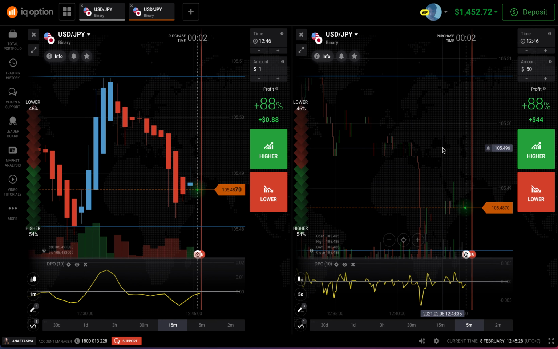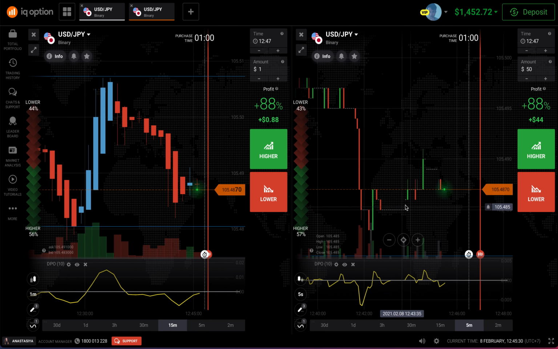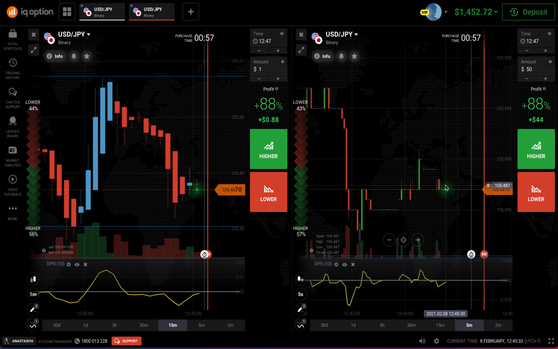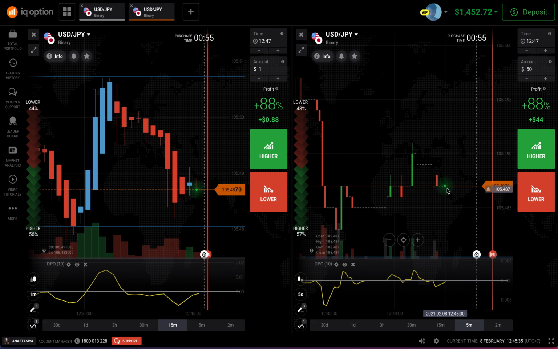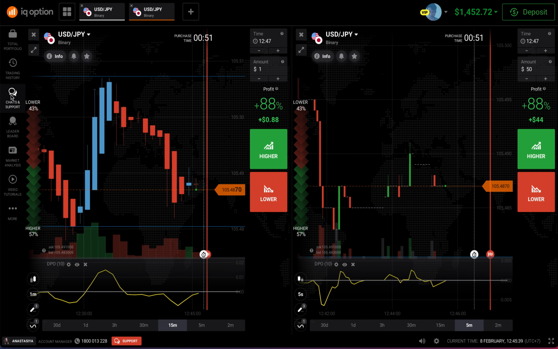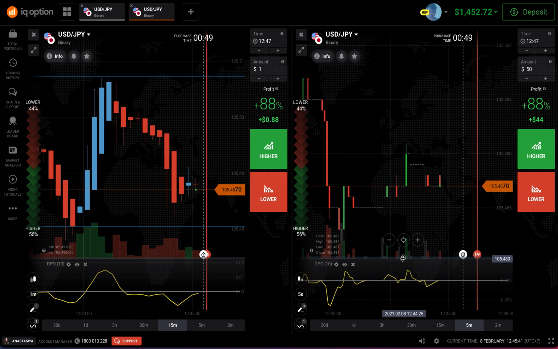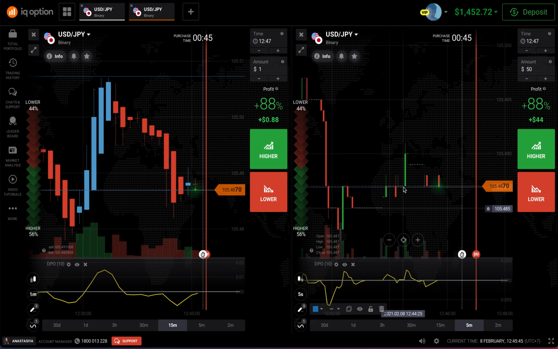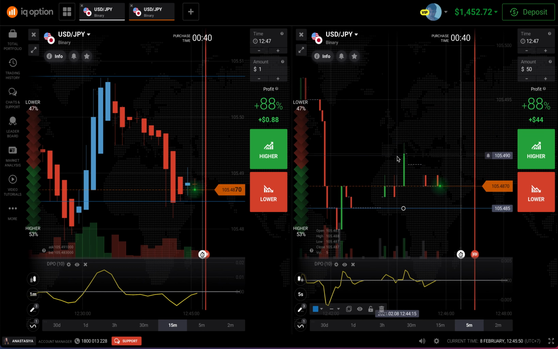Because trading on this flat support and resistance in binary option, when there is no result and the entry and exit are the same, you will recover your money back. But if your entry is on digital, at the same entry and exit, you will lose your money.